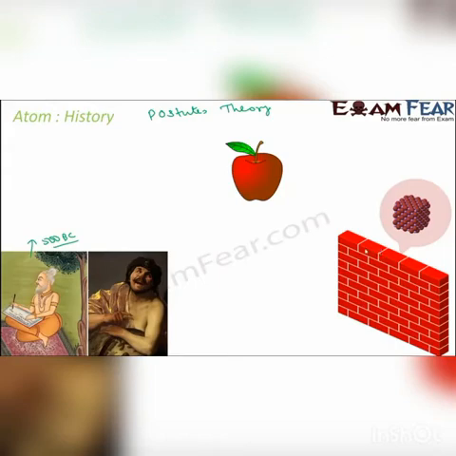Any matter you take, you keep dividing, and you will reach a point beyond which the division is not possible. And that particular particle which you get, which you can't divide, actually you can divide now, we have seen that, we'll see that, but he postulated that that particular piece which you can't divide will be called Parmanu. That was the name given. Even atom in Hindi is called Parmanu.